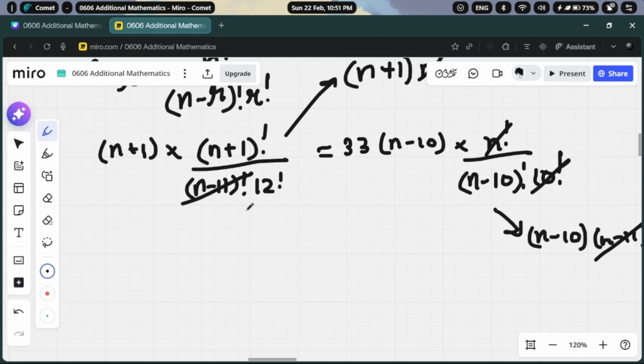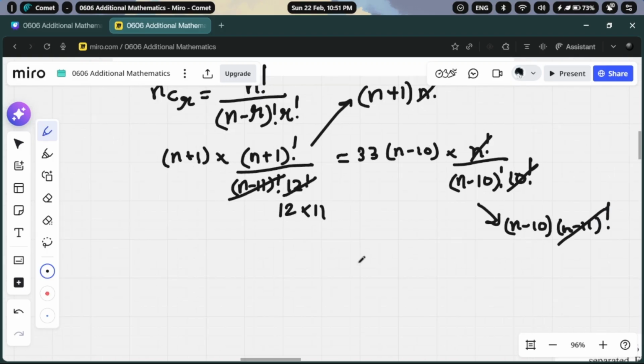Again, you have 10 factorial, so that can be cancelled out to give you 12 times 11, because 12 factorial is just 12 times 11 times 10 factorial.